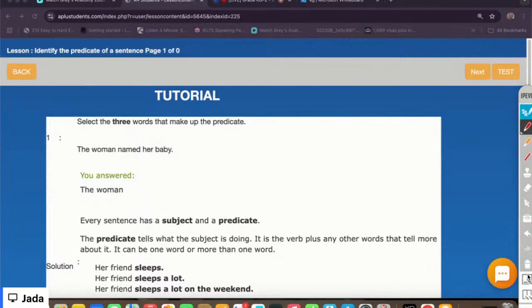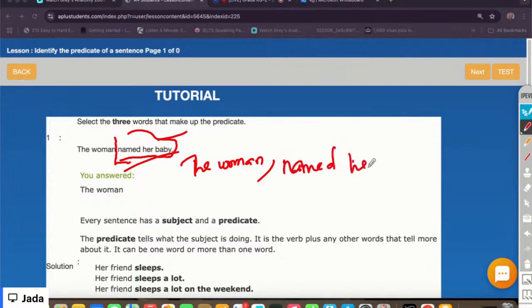So it's going to be the woman named her baby, right? So named her baby would be the predicate here, because the woman is the subject. Now, what did the woman do? Named her baby. So named her baby is the predicate.